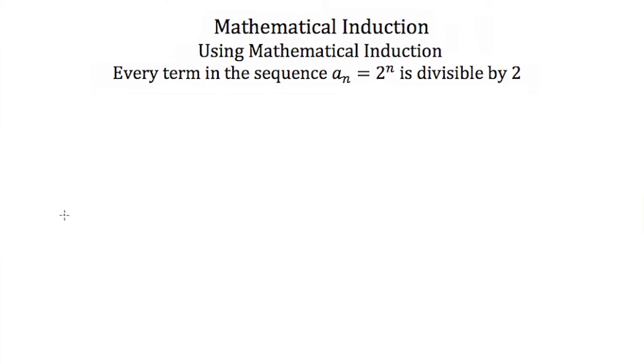So now let's look at one more example. Here we want to use mathematical induction to prove that every term in the sequence a_n is equal to 2 to the n is divisible by 2. Now we want to make sure that this works for all values of n, so we select a value of n at random.